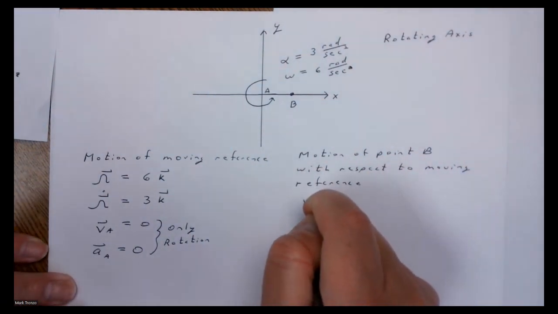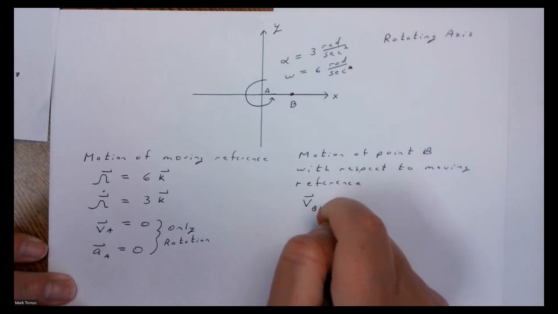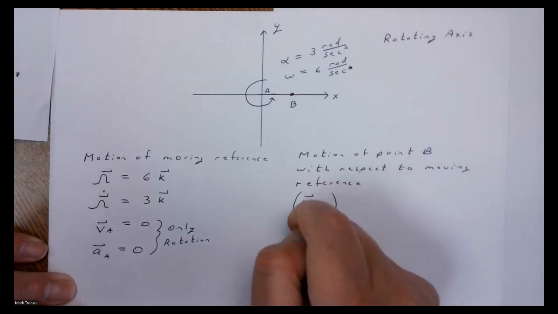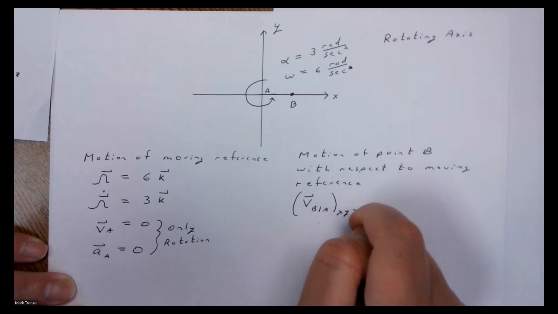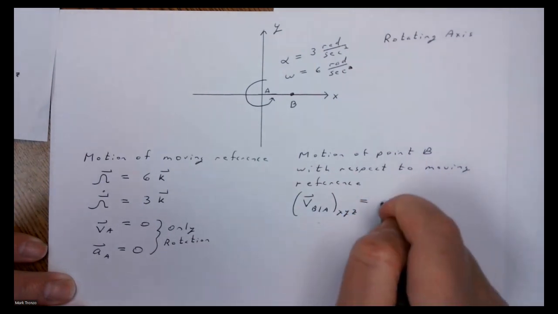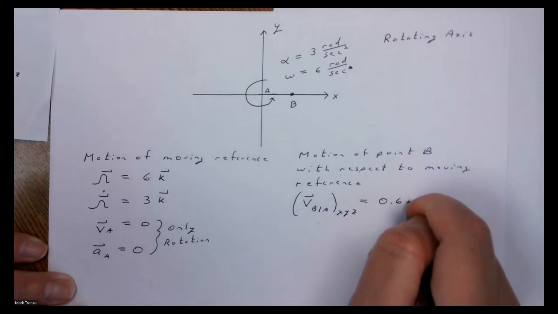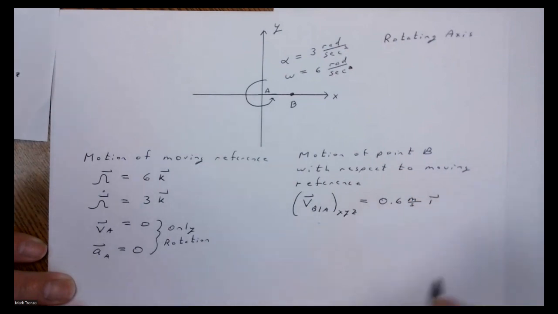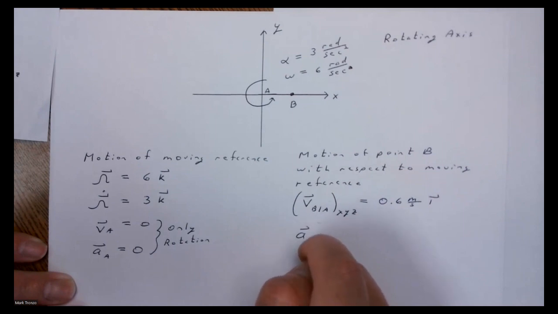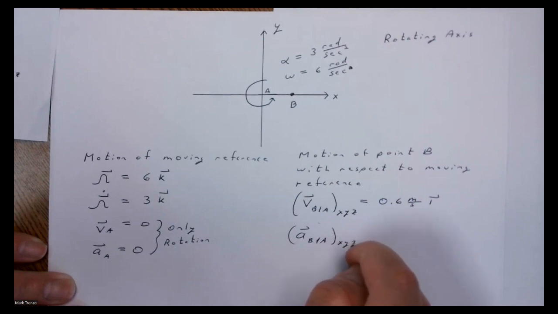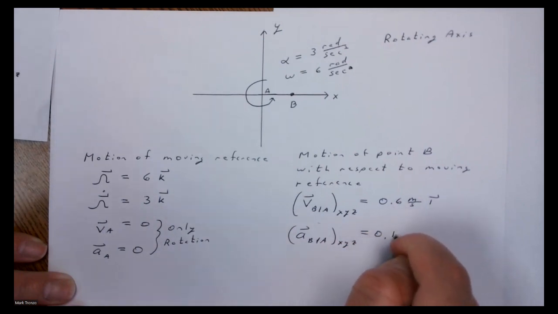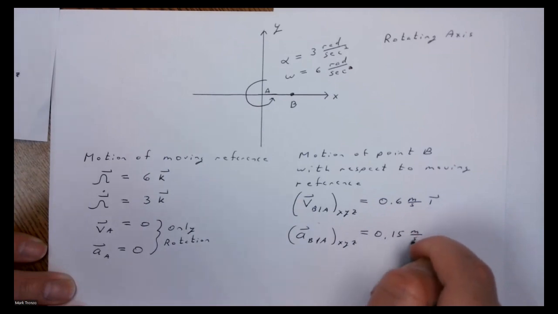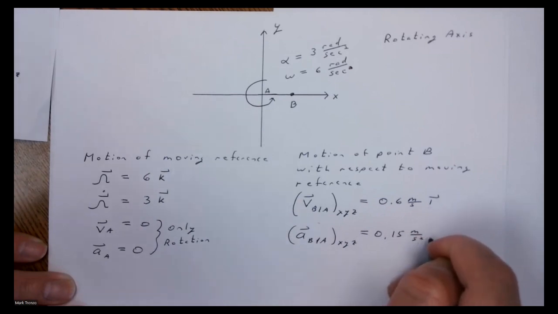So our V_B/A. And again, they have this subscript XYZ. It'd be good to put that on. And that's going to be 600 millimeters per second, so that's going to be 0.6 meters per second. And then A_B/A, XYZ, is 0.15 meters per second squared.